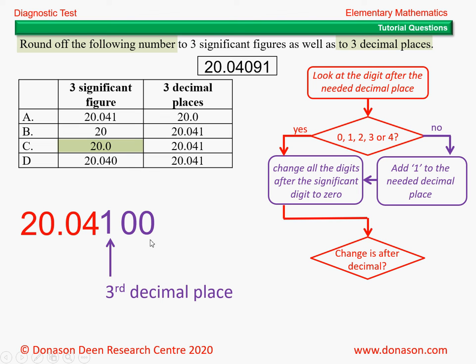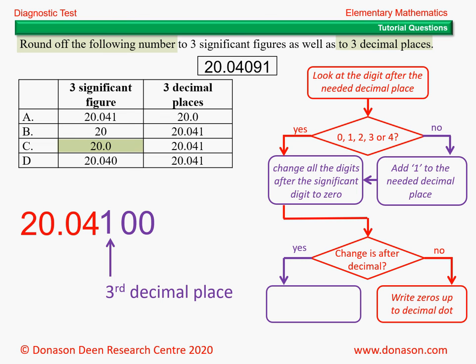The decimal dot is here, so the change to 0 happened after the decimal. Therefore the answer is not a no, so we follow the yes path. Do not write the zeros. When you do that, you get 20.041 as the answer if you round off to 3 decimal places.